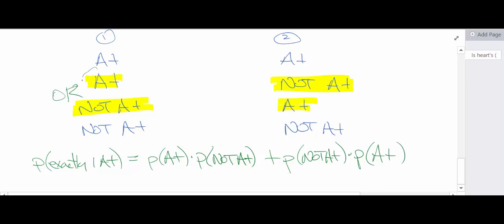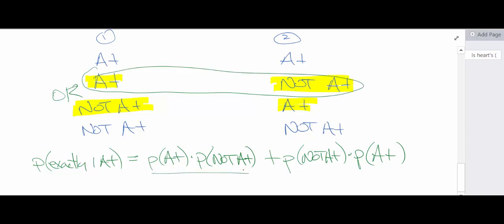So this combo is that first situation where those two probabilities are multiplied together. This combo is the probability that the first American is not A plus multiplied by the probability that the second American is A plus. If I was to read it out, we're saying that American 1 is type A plus and American 2 is not A plus.